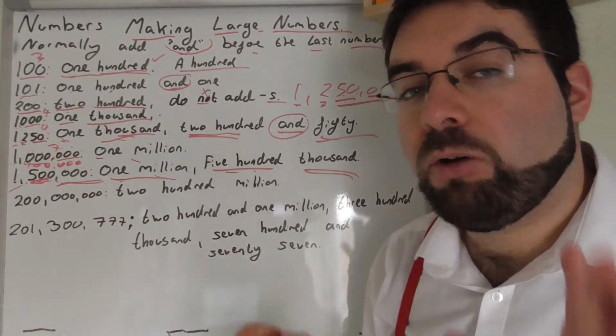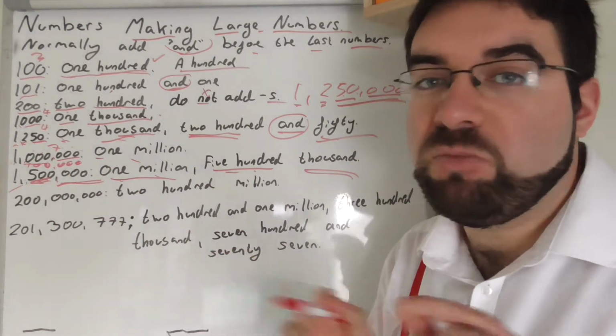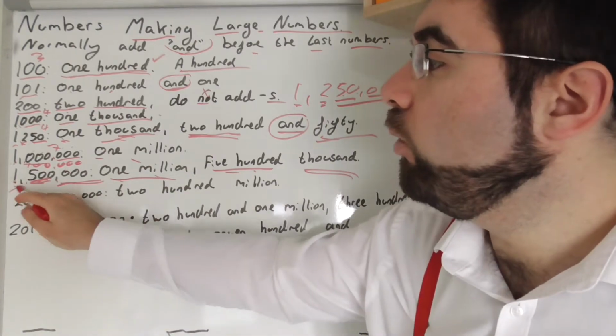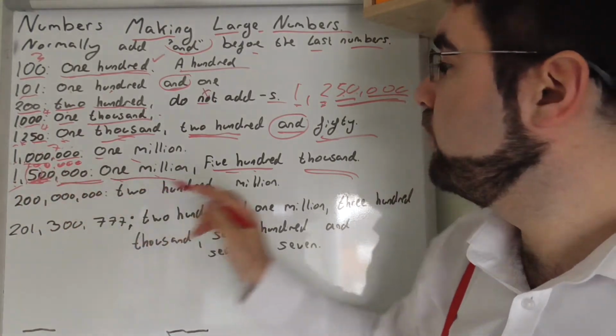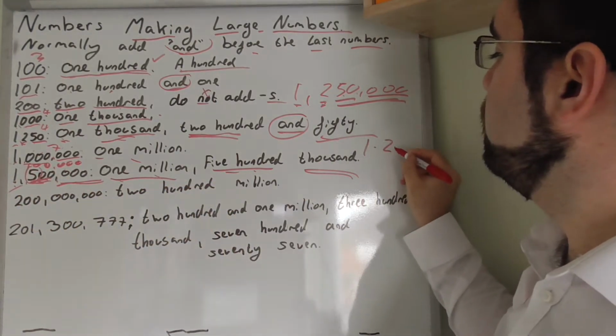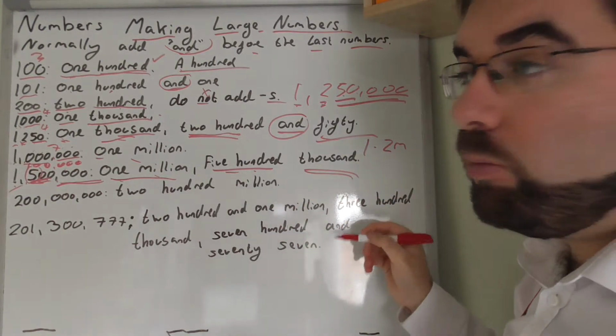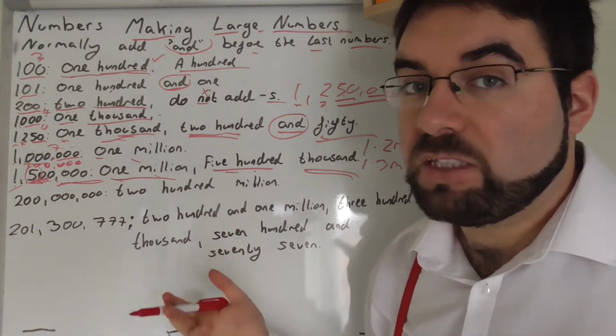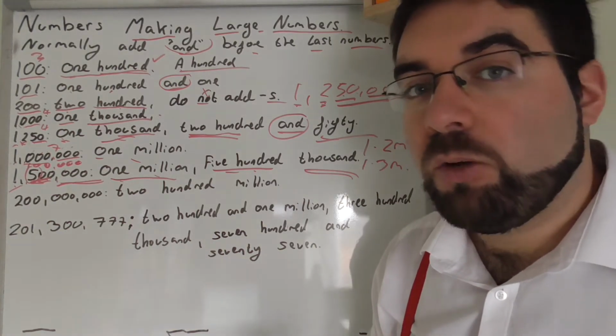1,500,000. Or we could say 1.5 million, 1.2 million, 1.3 million. It's the same. 1.5, 1.6, 1.8.